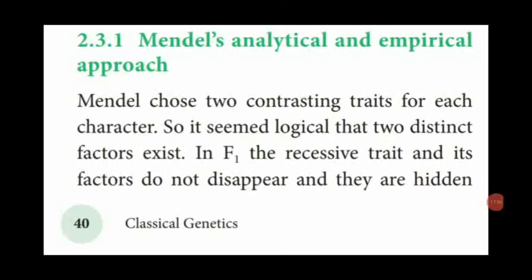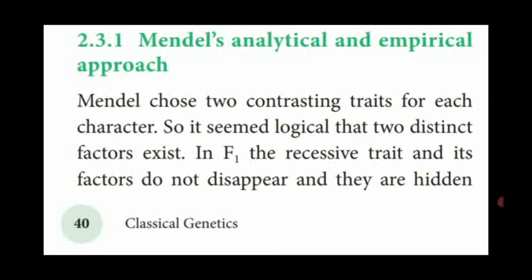Dear students, we are going to see Mendel's analytical and empirical approaches, which were used in the different crosses. In each and every cross, Mendel used a different trait or character. So a single gene with two characters in alternate forms is called an allele, which shows contrasting characters.